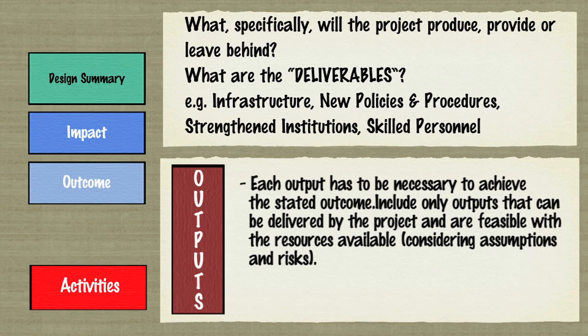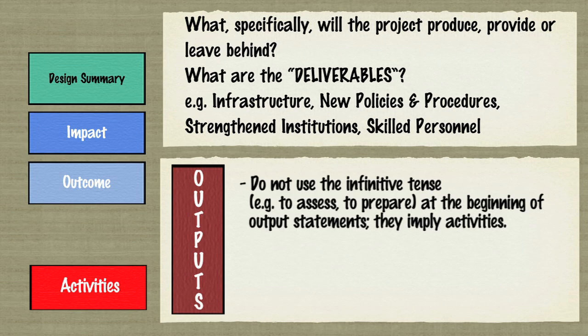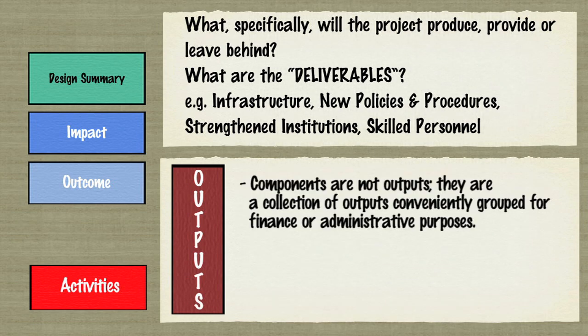Include only outputs that can be delivered by the project and are feasible with the resources available, considering assumptions and risks. Do not use the infinitive tense, for example, to assess, to prepare, at the beginning of output statements. They imply activities. Components are not outputs.